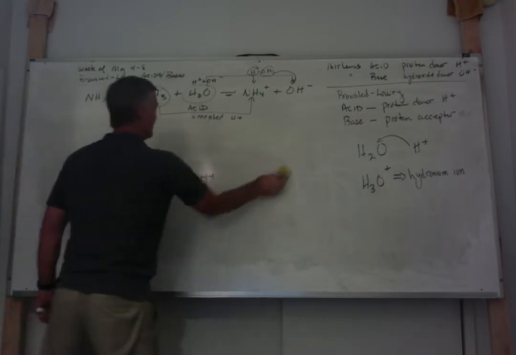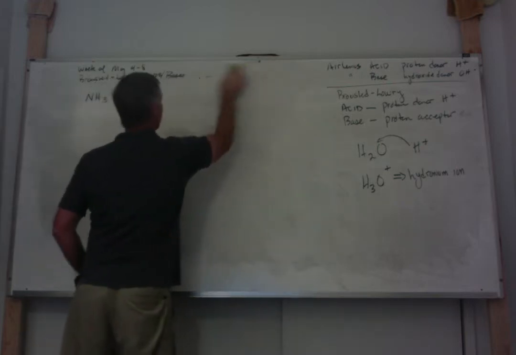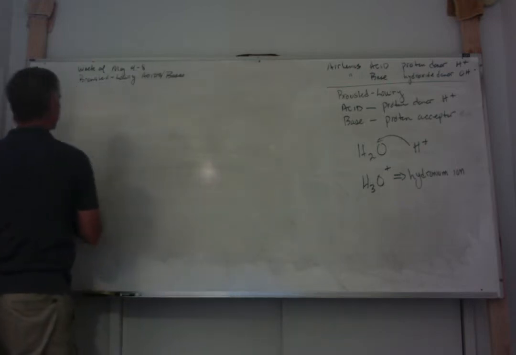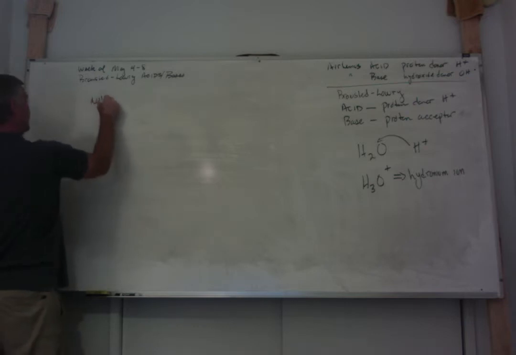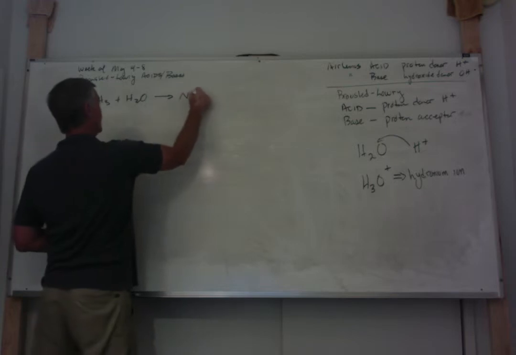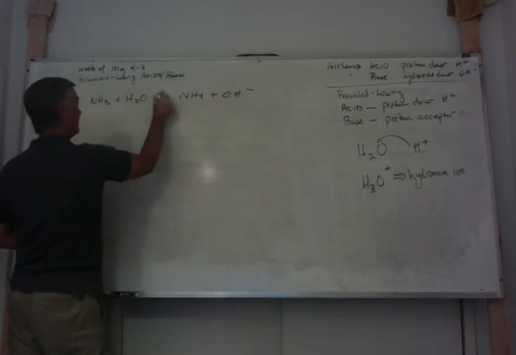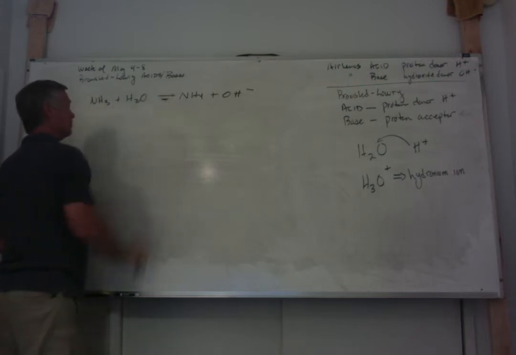Okay. Now, let me take this reaction. In fact, we'll do both of these. I want to write them both out without all my scribbling on there. This reaction that we start with, NH3 plus H2O, becomes NH4+ plus OH-. But in reality, this reaction could go both directions.